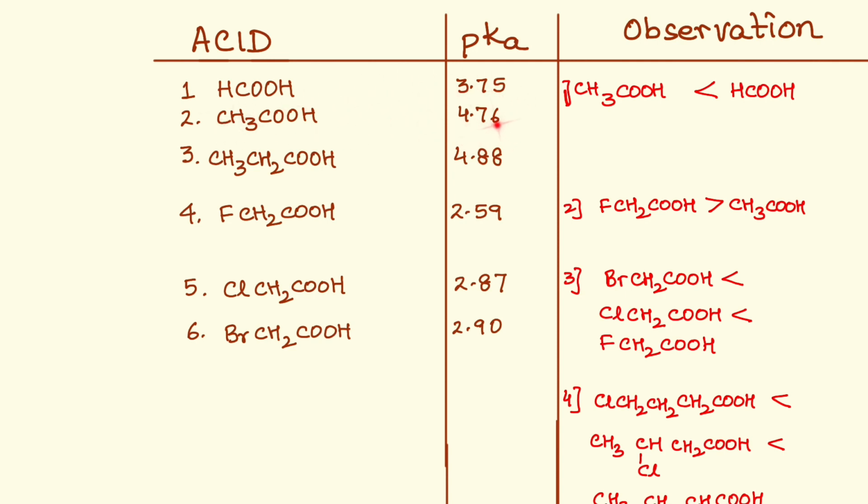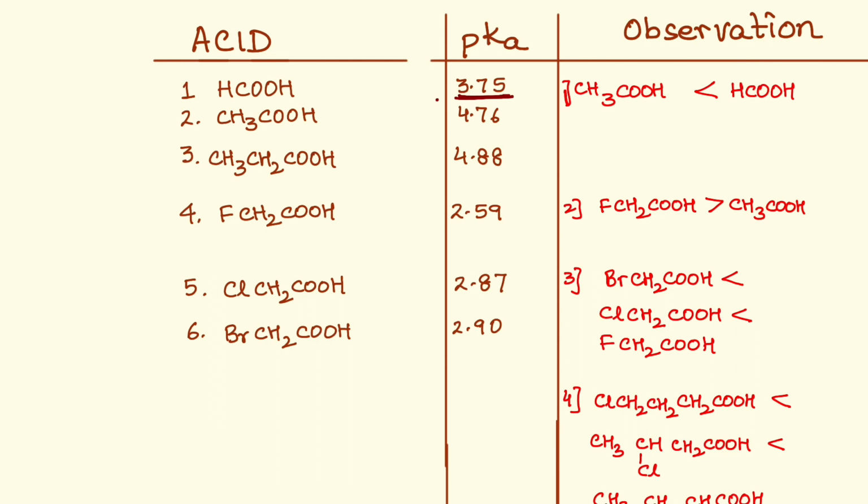When we see that the pKa of ethanoic acid is higher than that of methanoic acid, does that mean that methanoic acid is stronger, or is it ethanoic acid which is stronger? Which is stronger of the two? Yes, of course, lower the pKa, greater the acidic strength.